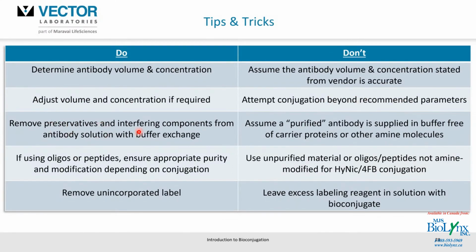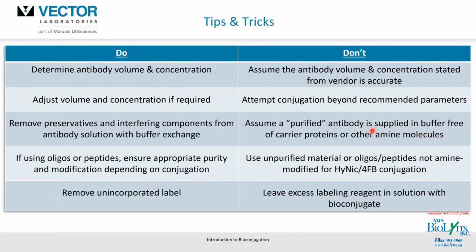Do remove preservatives, and what I mean by that is things such as azides or antimicrobial agents that may interfere with the conjugation. And don't automatically assume that, oh, my antibody's purified, I can continue straight away with the bioconjugation. Some of these purified antibodies may be supplied in buffer with carrier proteins such as BSA, or indeed I've got here other amine molecules.